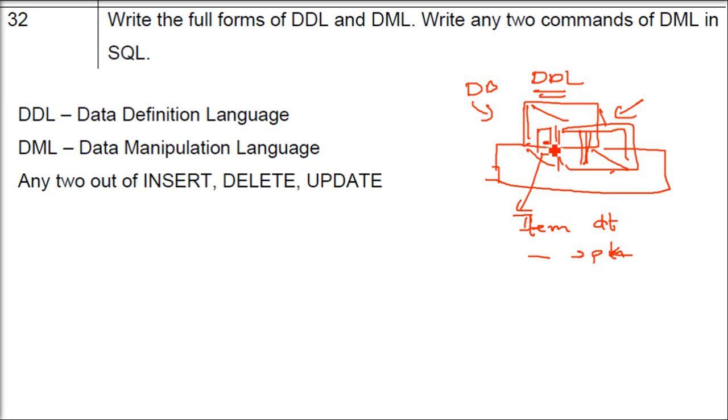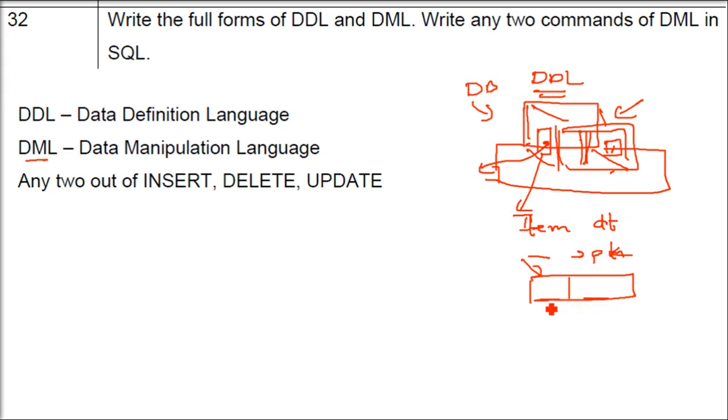Once this house has been made, the housewarming is done, then if your door is not working or you have to change the door, what will you do? You will not change your whole house. You want to change the door or you have to make a window. Then in database terms, you will use DML, data manipulation language. For example, you have a record. You want to put in a new record, a new person has come into your class.